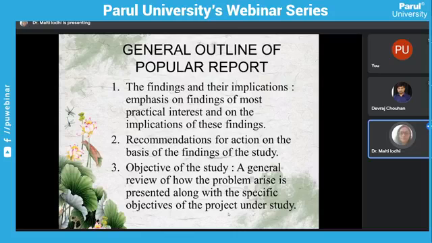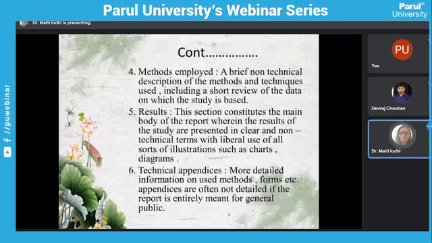And recommendations for actions on the basis of the findings of the study. Objective of the study, general review, how the problem arose and was presented along with the specific objectives of the project under study. So you can make your research popular by remembering these points while you're writing the report.